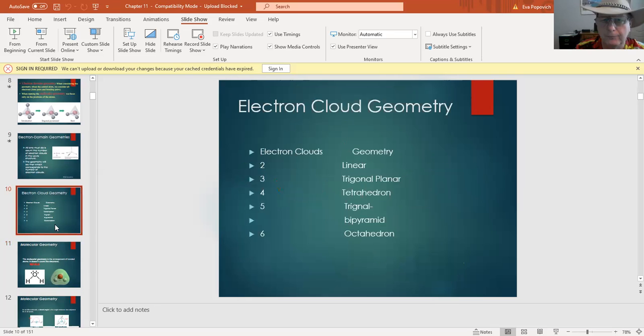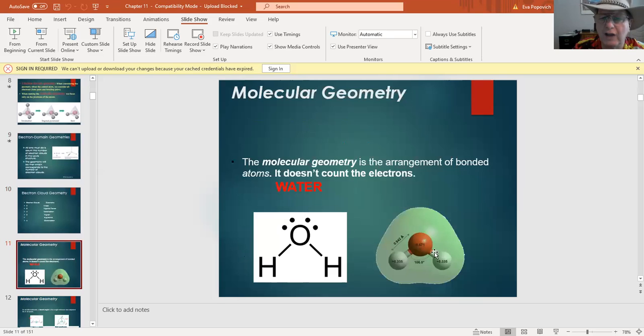Okay. What is the electron cloud geometry? Tetrahedron. Okay. But I've got 4 things sticking up here, 2 of which you can't see. There's 1 electron cloud over there. There's 1 over here. So I can't see them. All I can see is this hydrogen going to oxygen, going to hydrogen. And because of the electron clouds that are up here, this has been forced into a chevron or a bent molecule.